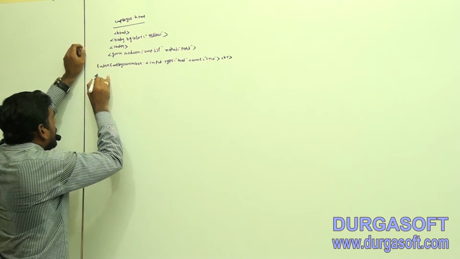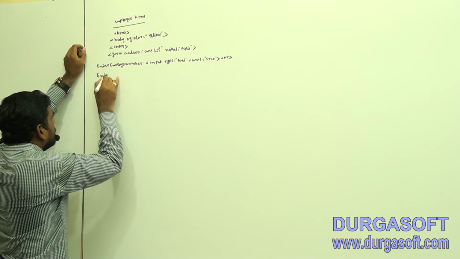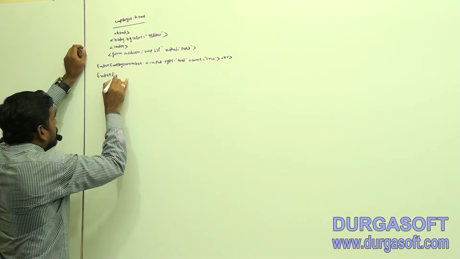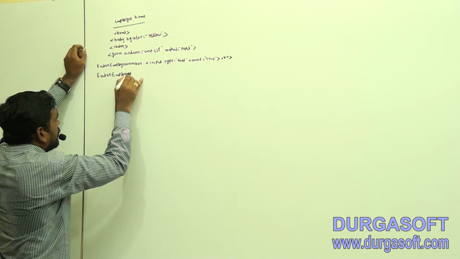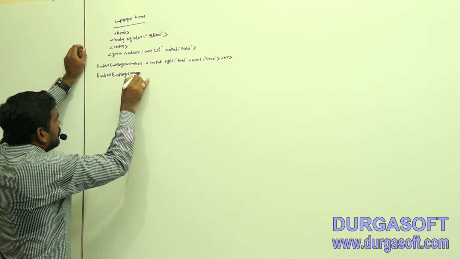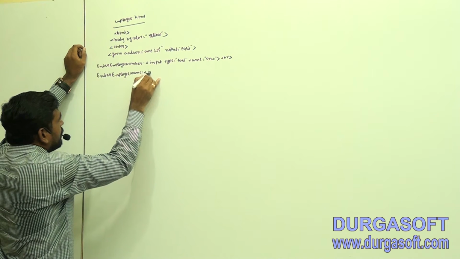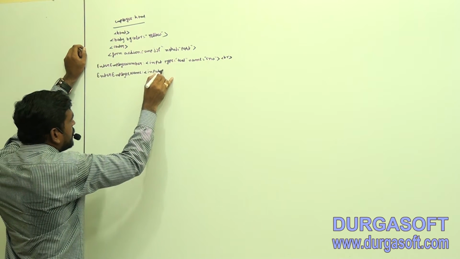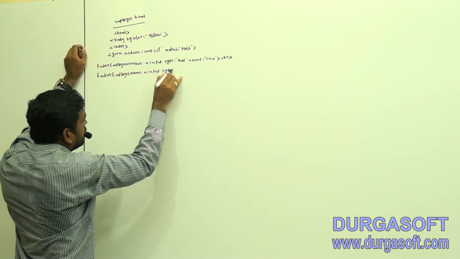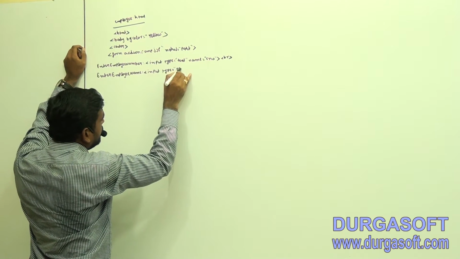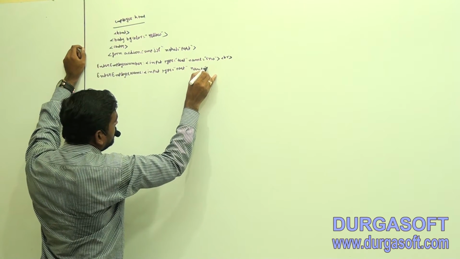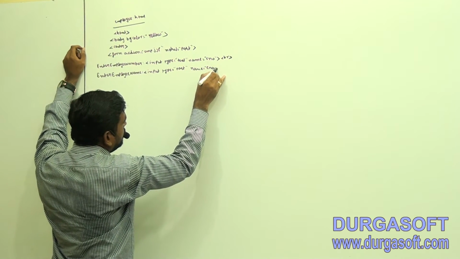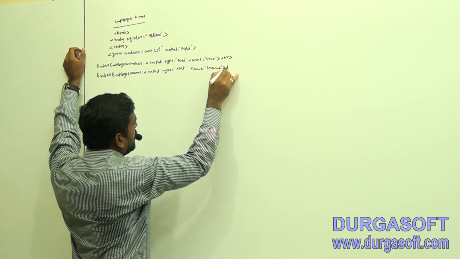Next, enter employee name. Employee name. Now input type is equal to text, name is equal to ename, then BR tag.